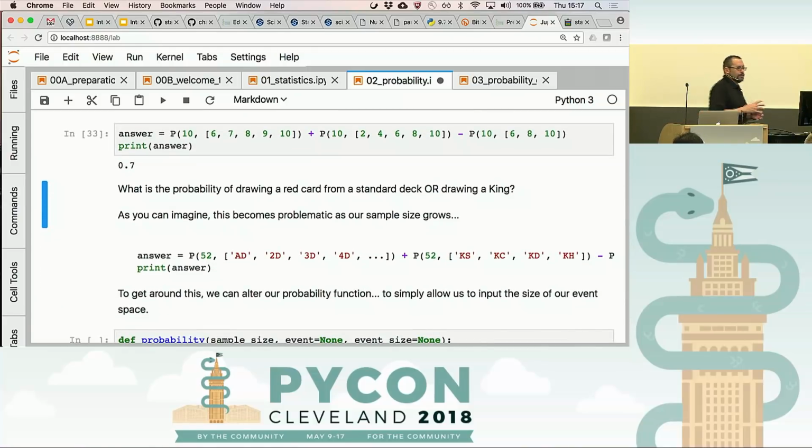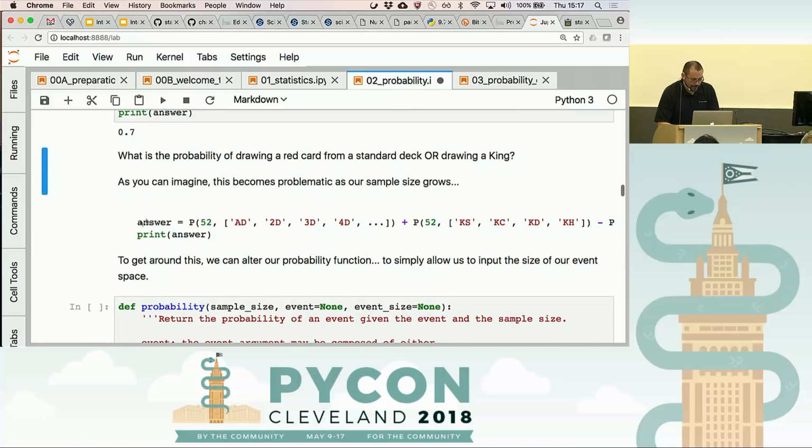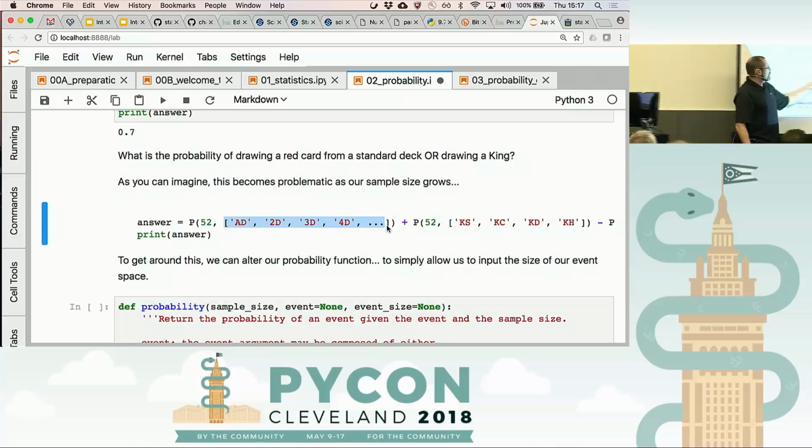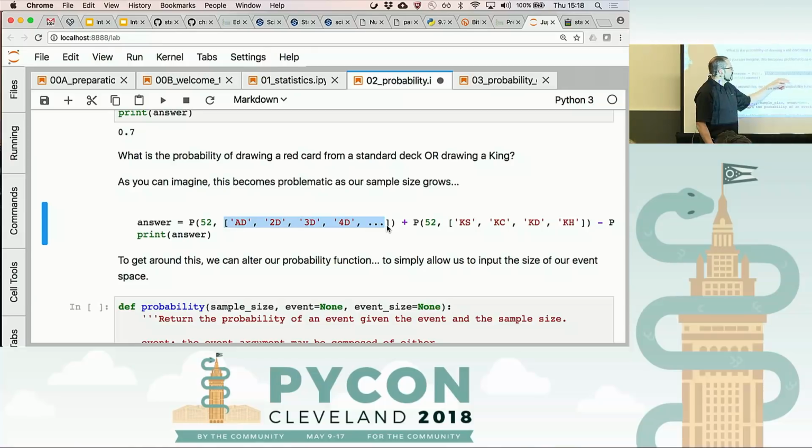So what's the probability of drawing a single red card from a standard deck or drawing a king? Well, if I were to put that into my probability function, we would see very quickly that this would just suck, because I'd have to type out this big giant list with ace of diamonds, 2 of diamonds, 3 of diamonds, 4 of diamonds, etc. And nobody wants to type that.